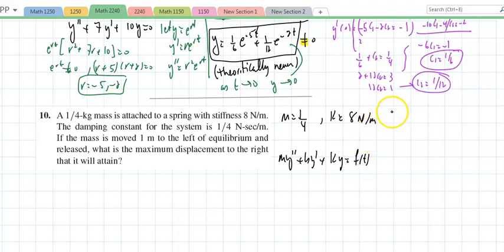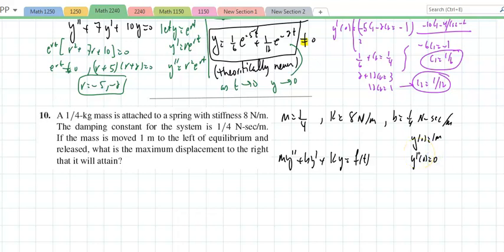The damping constant is given to be 1/4 newton seconds per meter. If the mass is moved to the left, y of 0 is 1 meter. All the units are matching. And released, y prime of 0 is 0. They didn't give it an initial velocity.